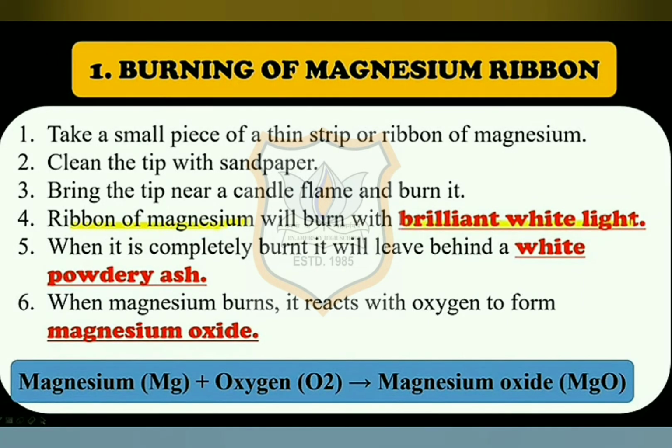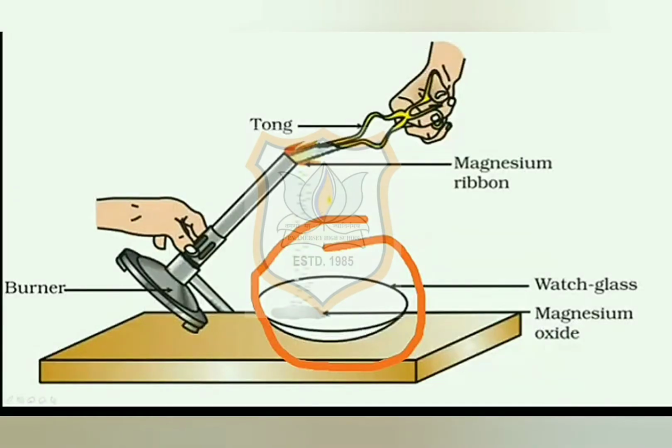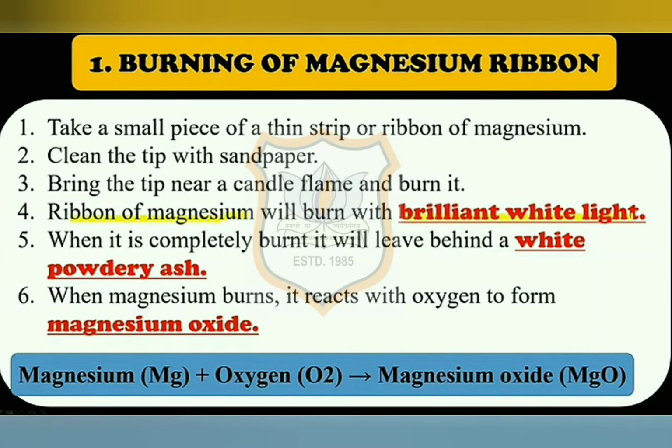When it is completely burnt, it will leave behind a white powdery ash. Students, you can see when it is completely burnt, it leaves a white powdery ash. You can see in the picture. When magnesium burns, it reacts with oxygen to form magnesium oxide.